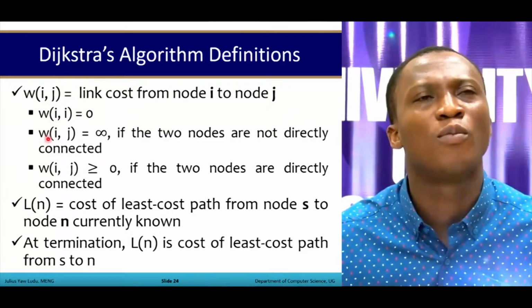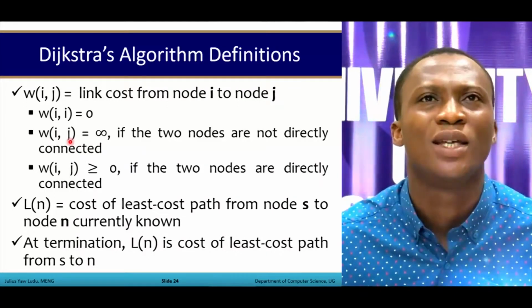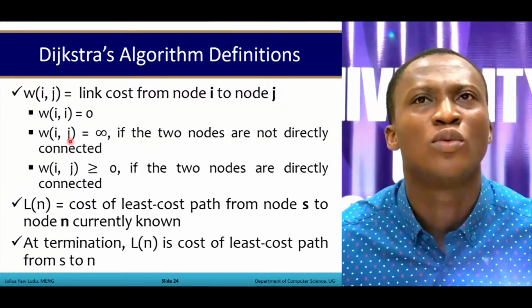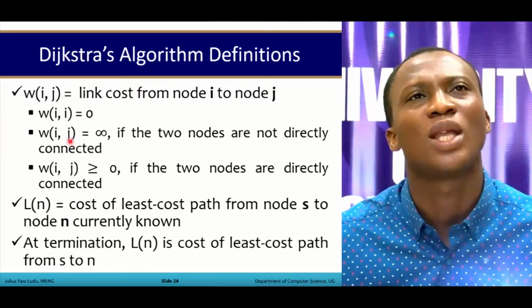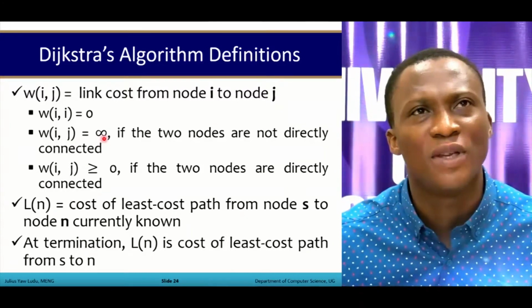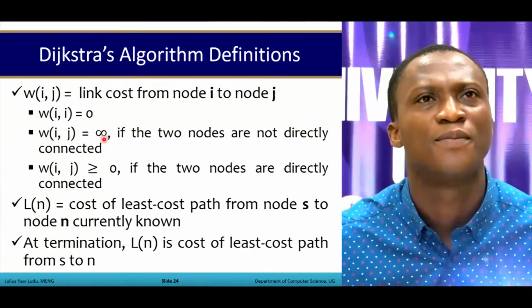And if we are moving from node i to a certain node j, and the two nodes are not directly connected, then the cost associated with that is infinity, or it's large, positive infinity.